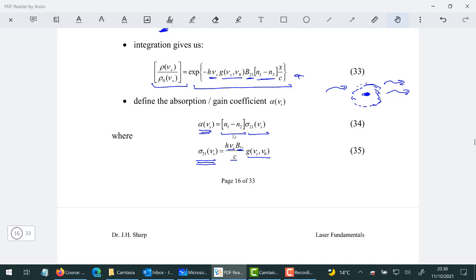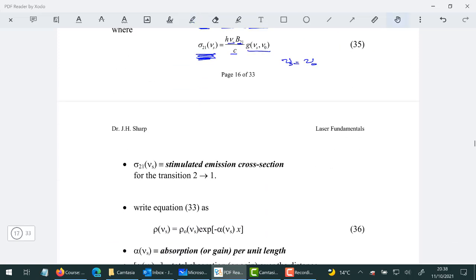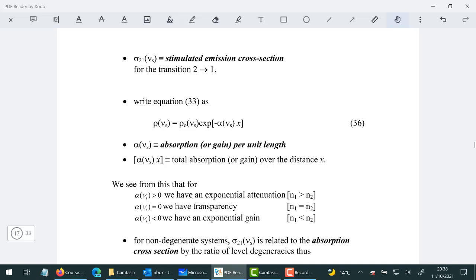So if we have nu s equals nu naught, then the wider the transition, the lower the effective cross-sectional area, and that means the smaller the absorption or the gain that we get. So going from level 2 to level 1, sigma is referred to as the stimulated emission cross-section.